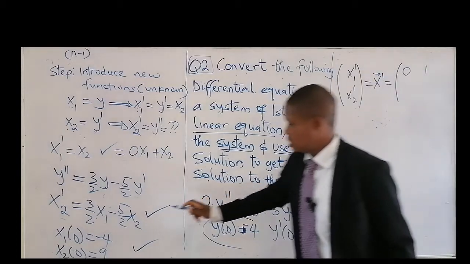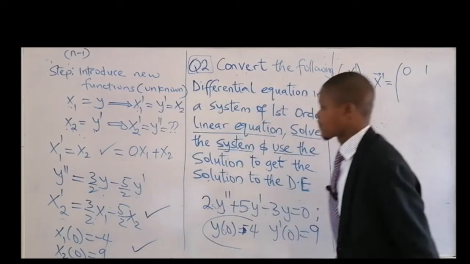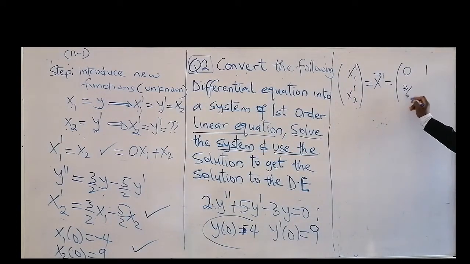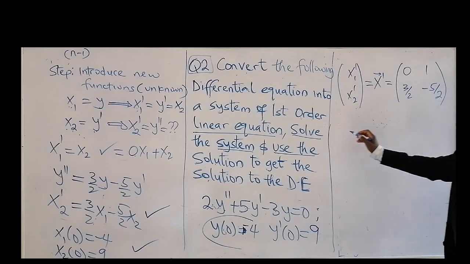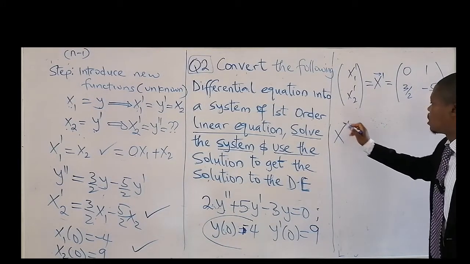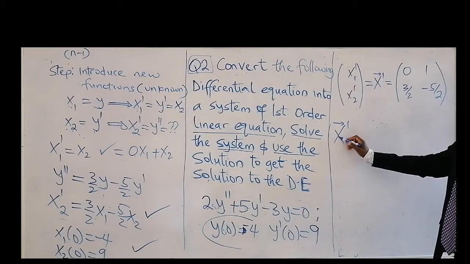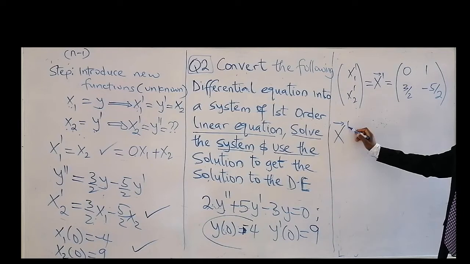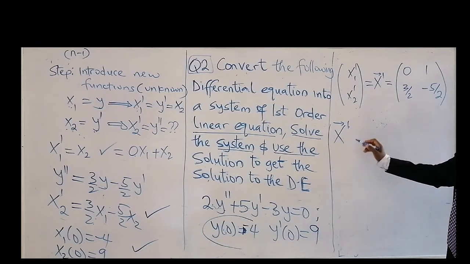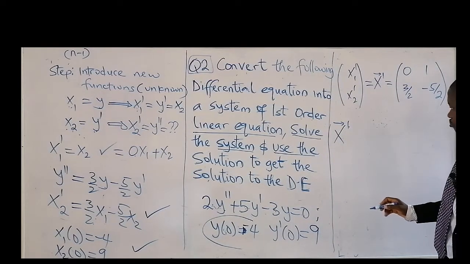The second one, we have 3/2 here, and then minus 5/2. Okay? And then times, there's no space here, let me do it here. So x1, the vector derivative, okay?